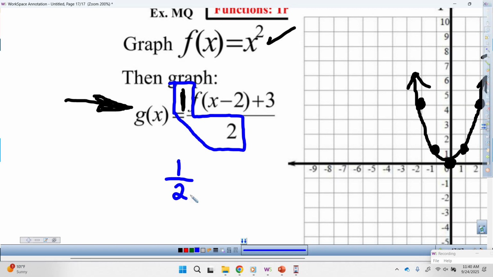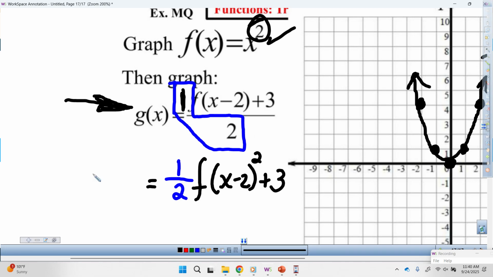Does everybody see that? And what do we have left? We have f of x minus 2. This is a quadratic, so you write the squared plus 3, and all that equal to g of x. You guys see the only thing to do with these?